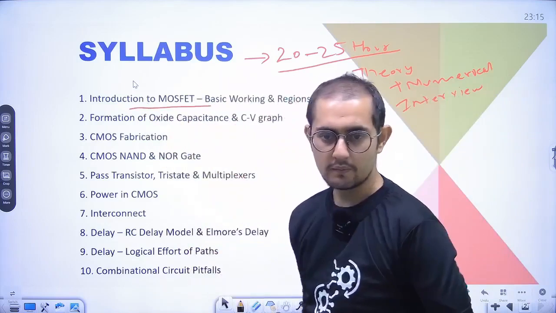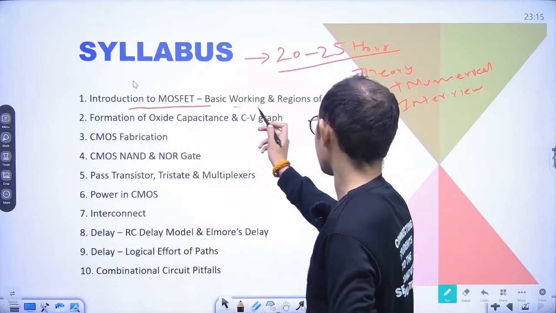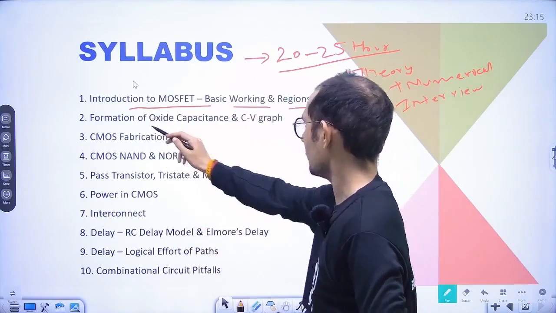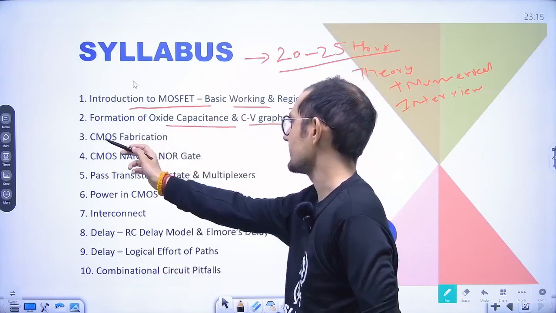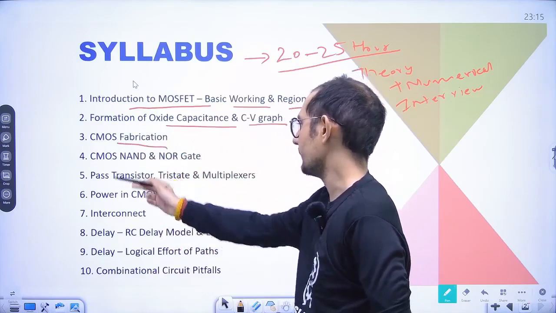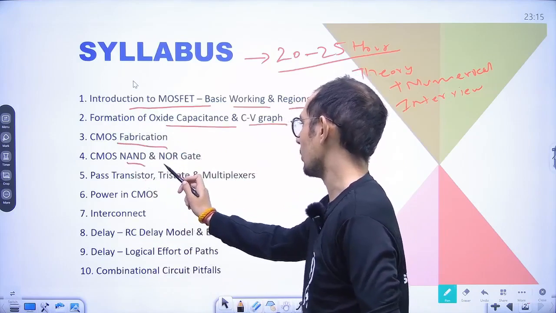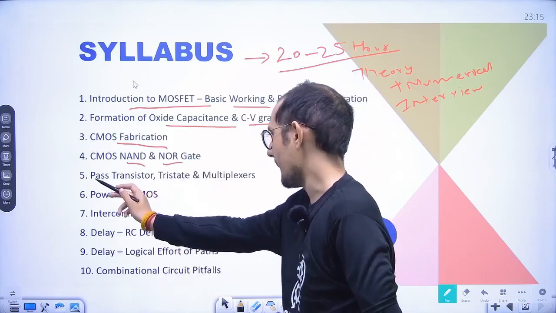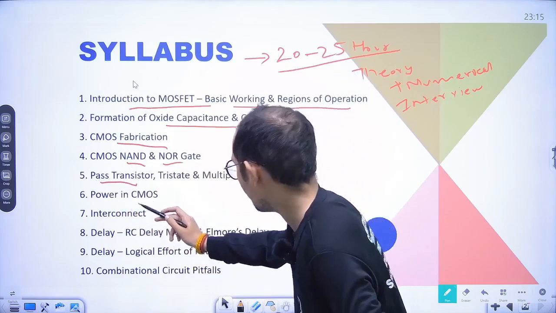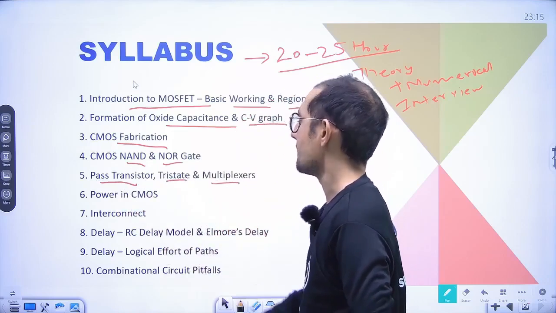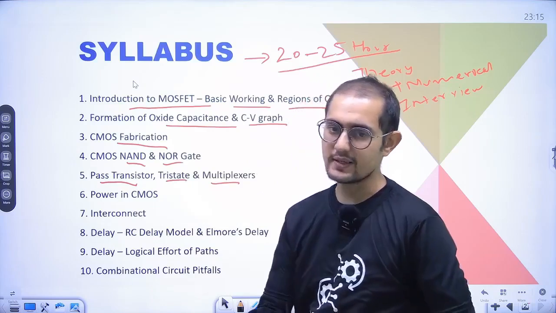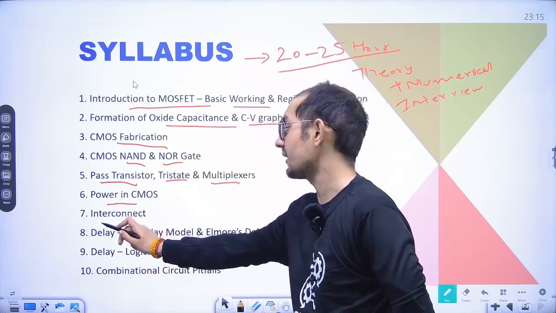Introduction of the MOSFET, working principle, regions of operation, formation of oxide capacitor, CV curve, then CMOS fabrication, then CMOS NAND and NOR gate implementation, pass transistor, tri-state, multiplexer, the different types of power in CMOS, then interconnect concepts.